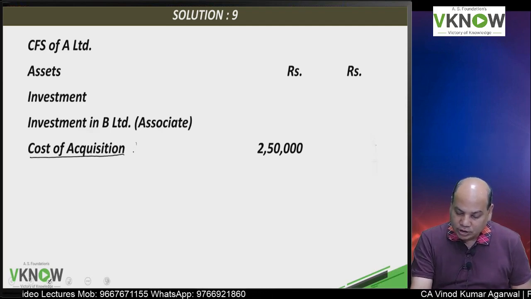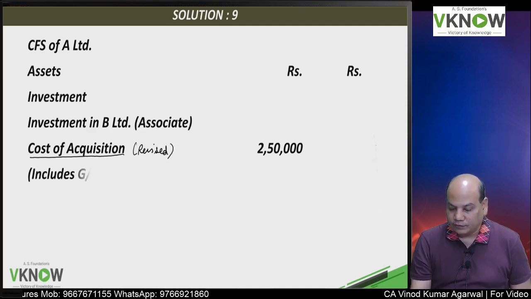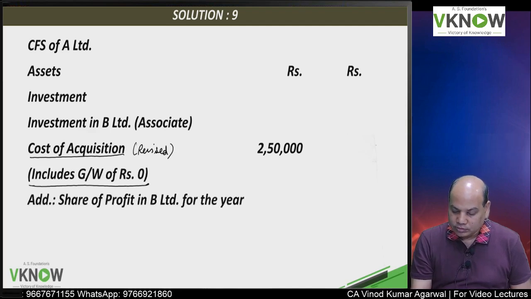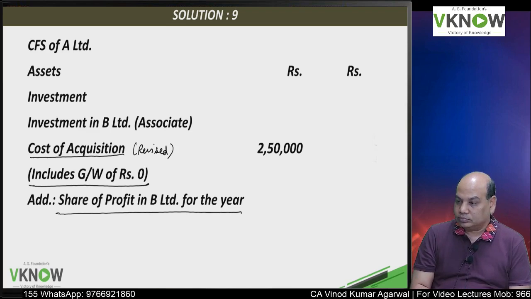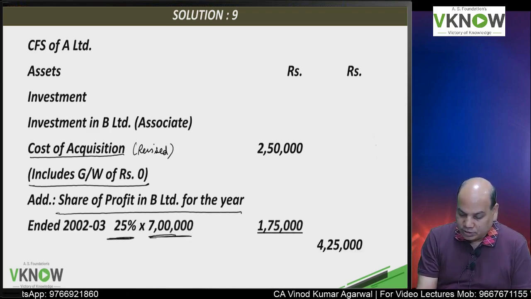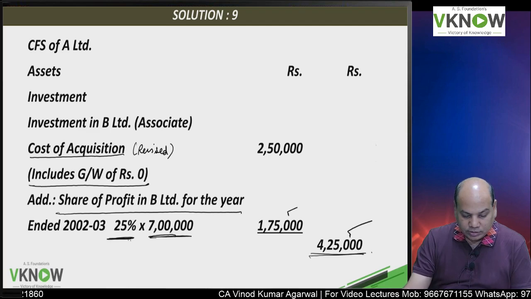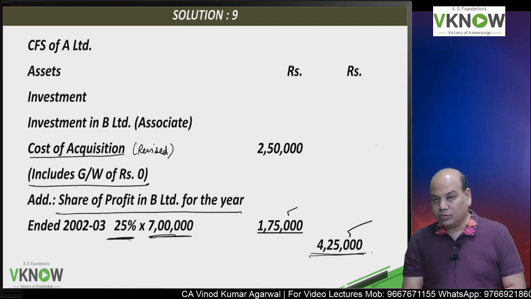Cost of acquisition I will take would be the revised one, 2,50,000, which includes goodwill of 0, and share in profit of B Limited 7 lakh into 25%, that is 1,75,000. So my closing amount will be 4,25,000.